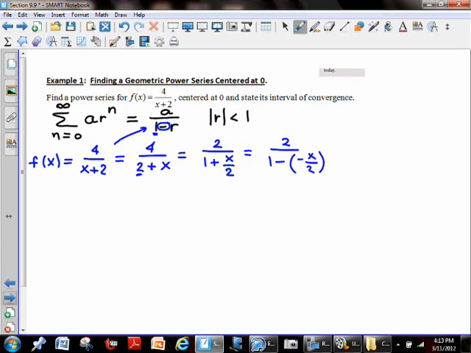And now you'll see that you've got exactly what you bargained for. You have got yourself a very easy geometric representation here, where the a value, that would be what is in the numerator, would be 2, and the r value would be the quantity here in the parentheses, negative x over 2.